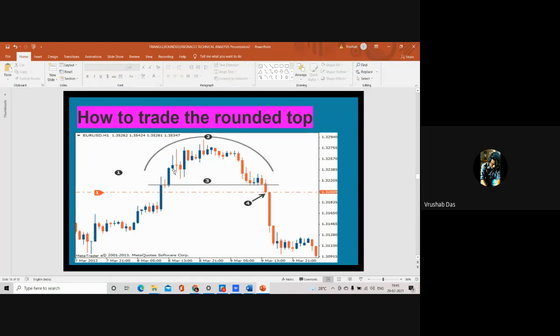So these are the indicators, and more indicators you have to think about, not just with the rounded top pattern, but also you have to think about the Fibonacci extension level, at what price, at what percentage point it may go, and RSI movement also you have to see, and MACD, moving average convergence divergence, and exponential moving average also see.